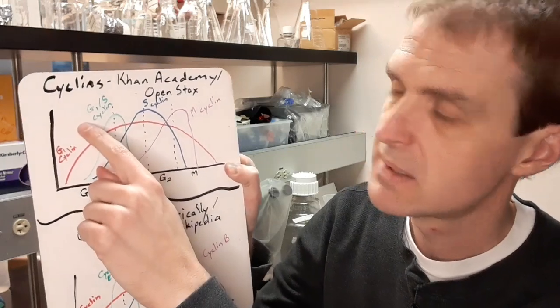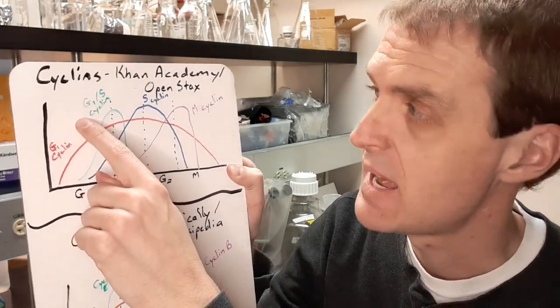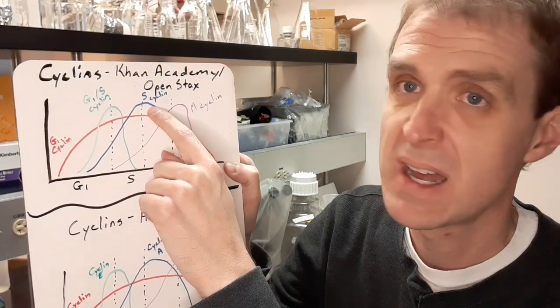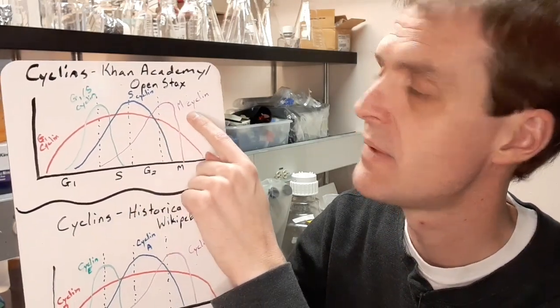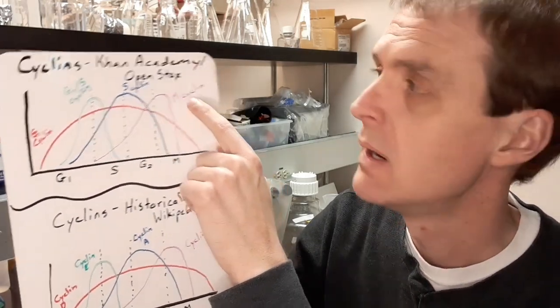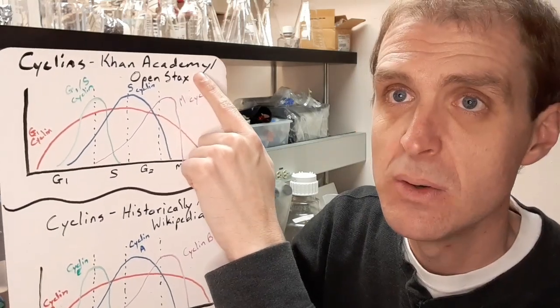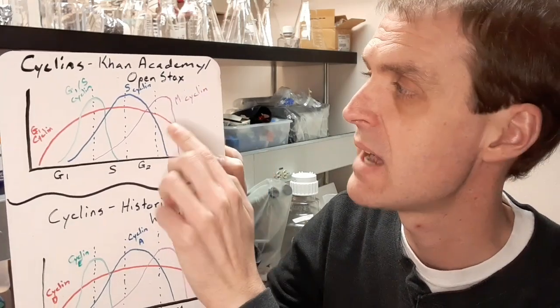The next cyclin is called G1/S. The one after that is called S cyclin, and then the final one is called M cyclin, or at least that's the terms they use on the Khan Academy and OpenStax.